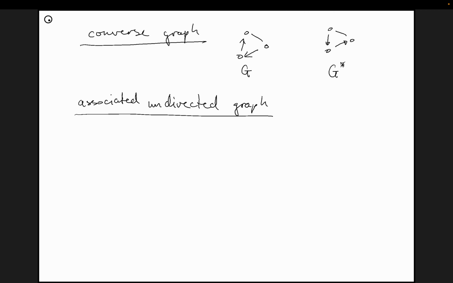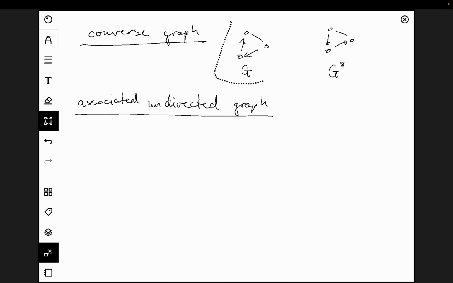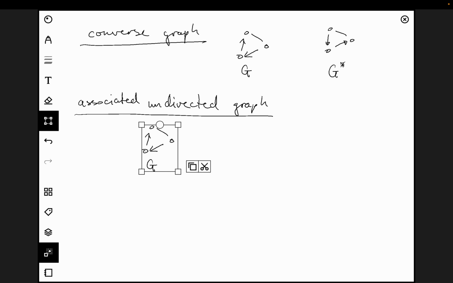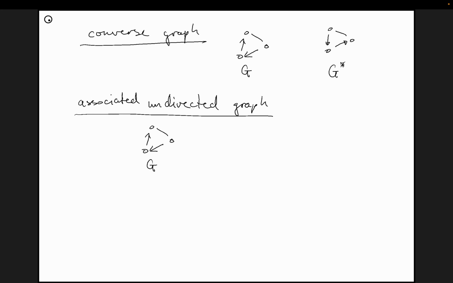An associated undirected graph is, if I take my little picture up here, I'll explain it again with the picture. We denote it by G_U. This little U is for undirected. So this is the associated graph, but we just take every directed edge to be undirected. So we omit directions in all directed edges, and this is the undirected graph right here on the right hand side.